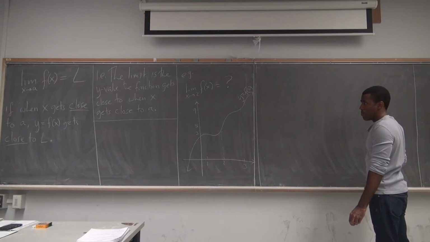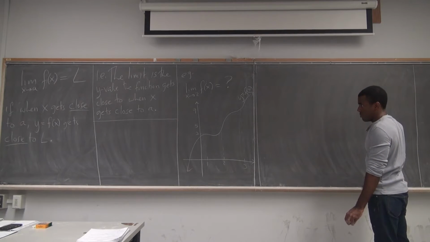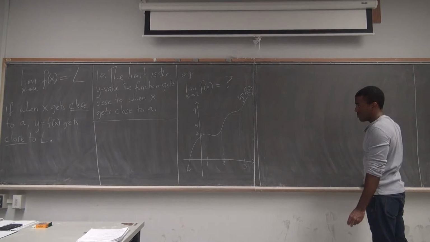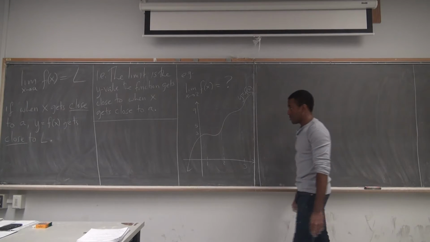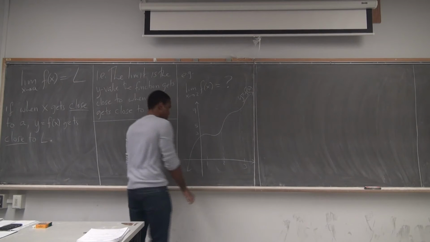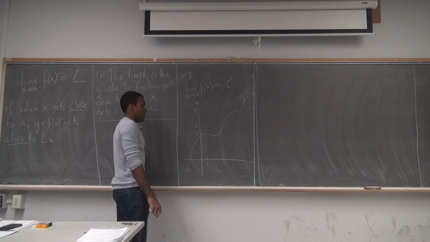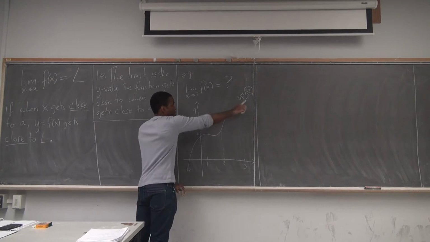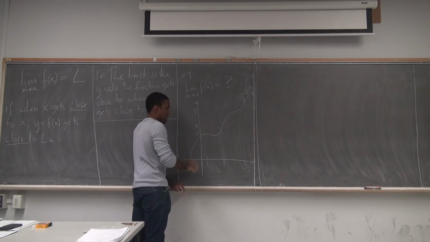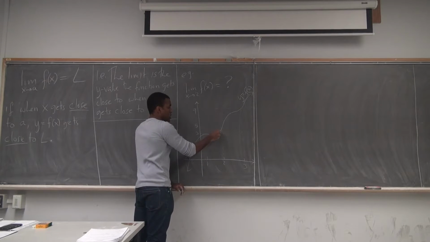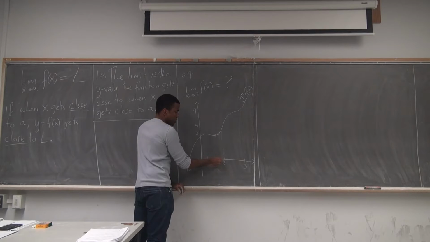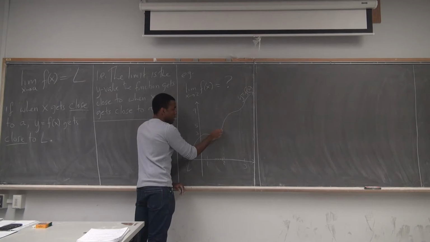5? Why do you think the answer is 5? Mm-hmm. So what does that mean? Okay. So the idea is that is correct, right? If we're on this function, as my x value gets close to the x value 2, as my x value gets close to here on the graph, the y values will be moving towards this point.